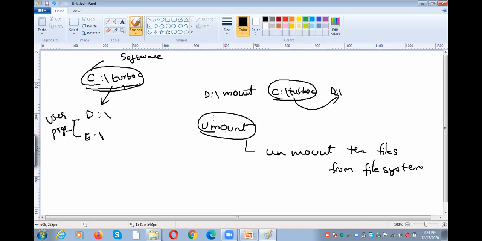What is mount? Mount, unmount or detach. What is mount? Mount is nothing but attach. So attach the files to the file system.